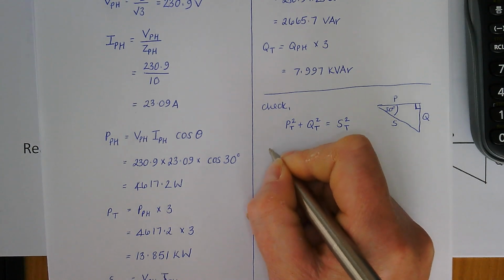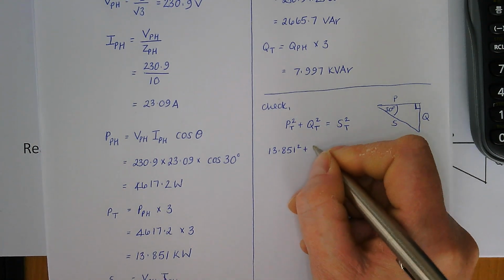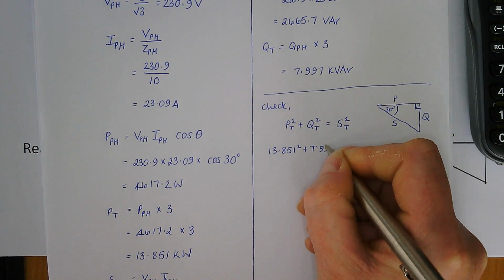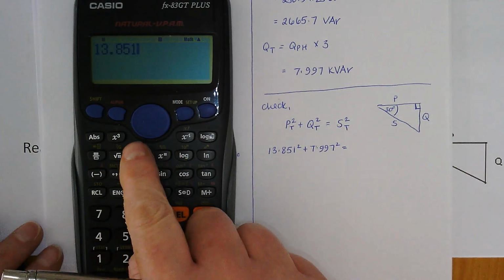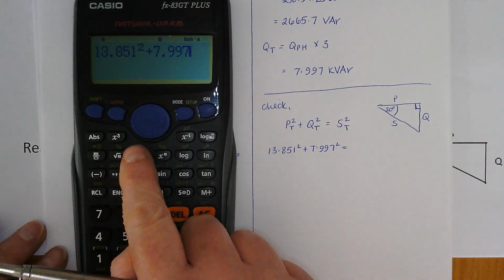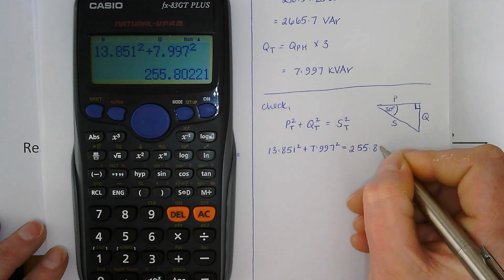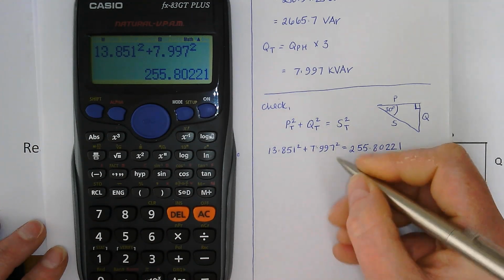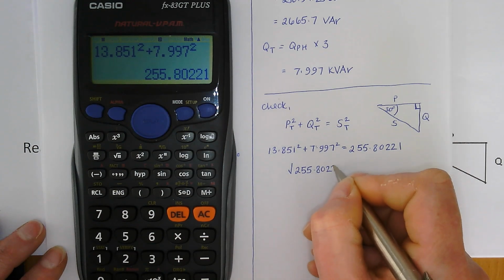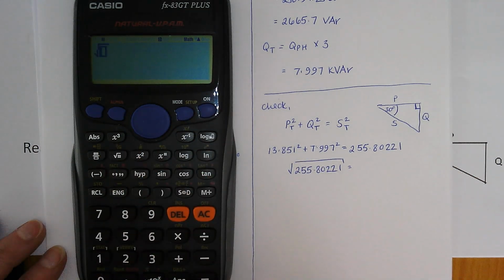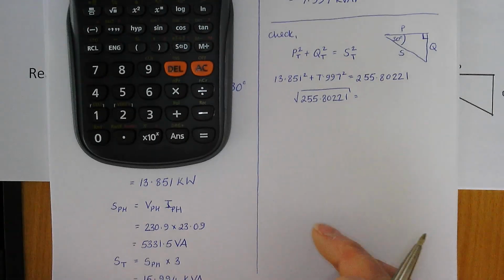So P total. So I'm going to do 13.851 squared plus 7.997 squared equals, and I'm going to take the square root of that. 15.994, which ties up with my 15.994 that I got there.